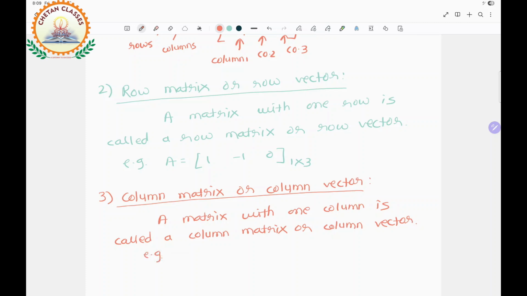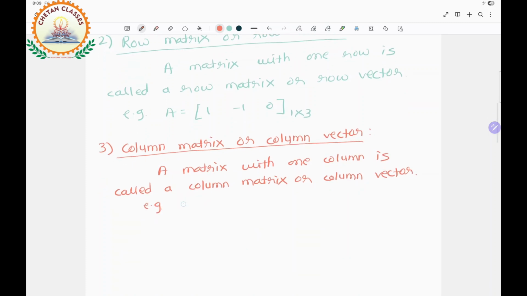For example, here write only one column, so that is A is equal to 1, 2, 3. So only one column and number of rows is 3. So the order of this matrix is 3 cross 1.